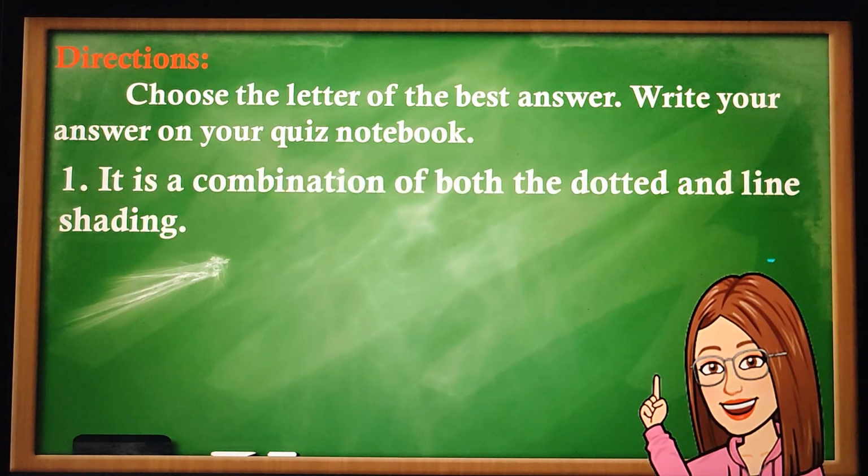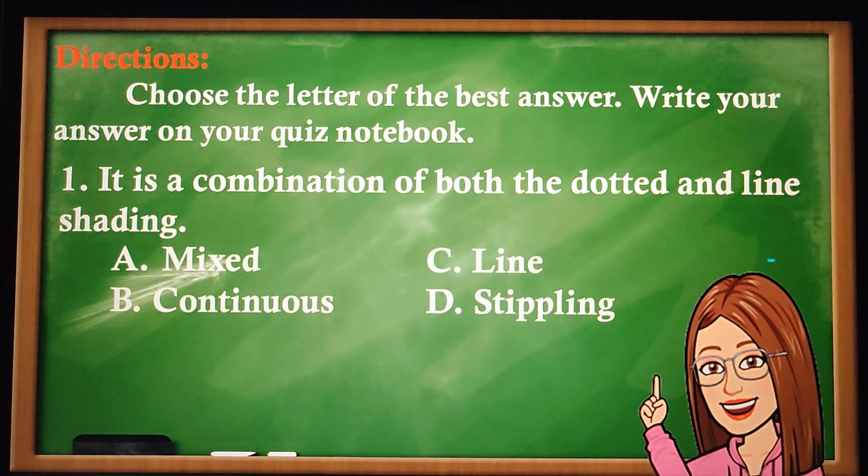Let's begin. Number 1. It is a combination of both the dotted and line shading. A. Mixed. B. Continuous. C. Line. D. Stippling.